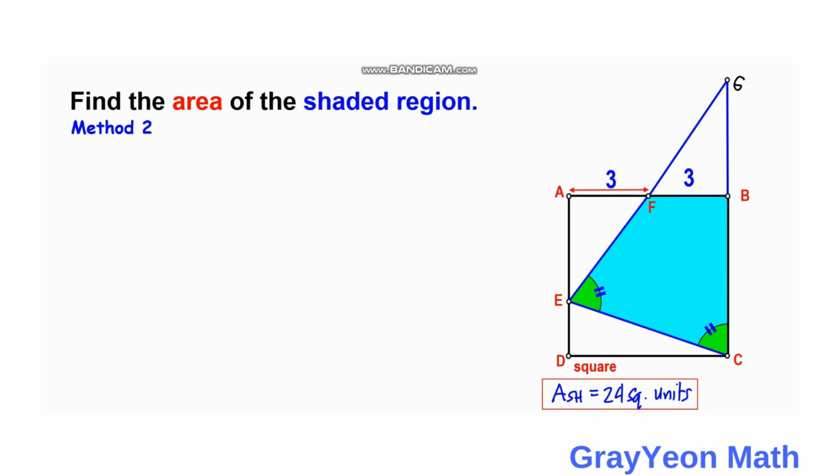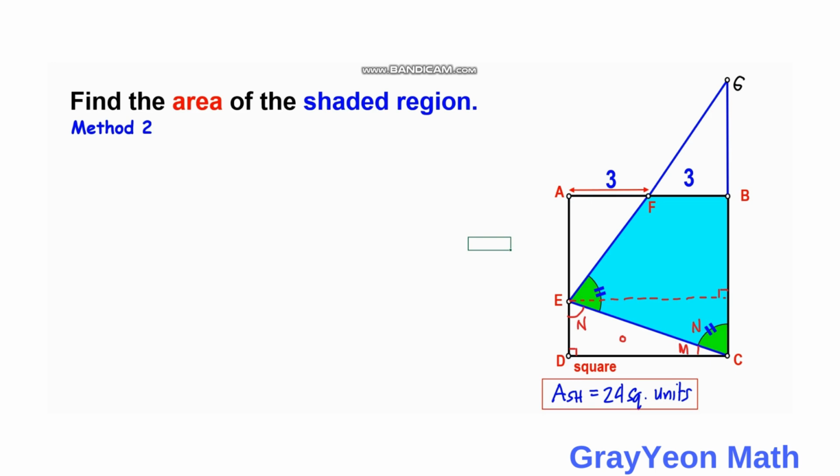Okay, so for our second method, we are going to draw a line from this point E to the right-hand side, perpendicular to BC, and we take note of this angle to be N, and its complement, let's call it M. Since this is triangle EDC, a right triangle, this angle should be the complement of N, since these two angles are complementary.